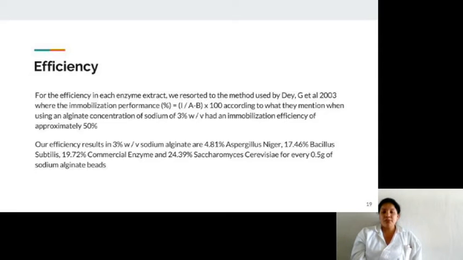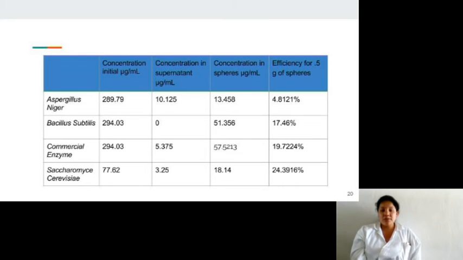Our efficiency results in 3% sodium alginate are 4.81 for Aspergillus niger, 70.46 for Bacillus subtilis, 19.72 for the commercial enzyme, and 24.39% for Saccharomyces cerevisiae, for every 0.5 grams of sodium alginate beads.